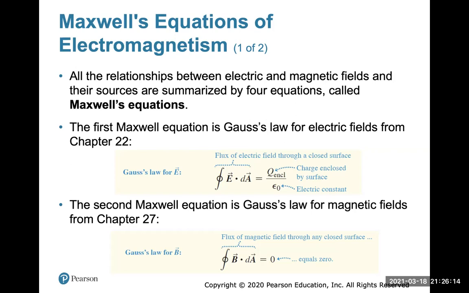Within another 50 years, basically, everything we know about electricity and magnetism was discovered by, I don't know, like 3,000 different people, and all in different places.